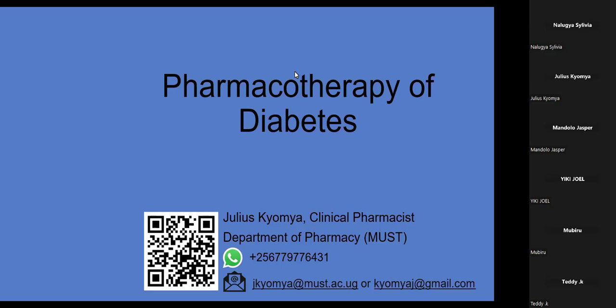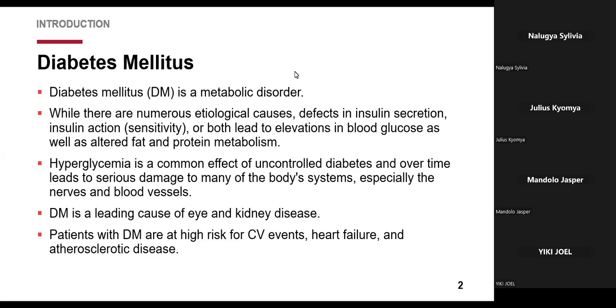I'm also currently doing a research project on trying to make a continuous glucose monitor that is cost effective. So today we shall go through diabetes, and my focus will be mainly on type 2, but once in a while I'll be hinting on some things that might be of interest in type 1.